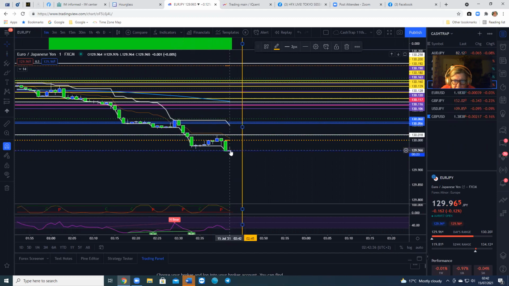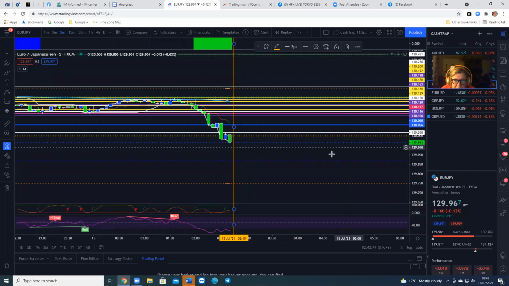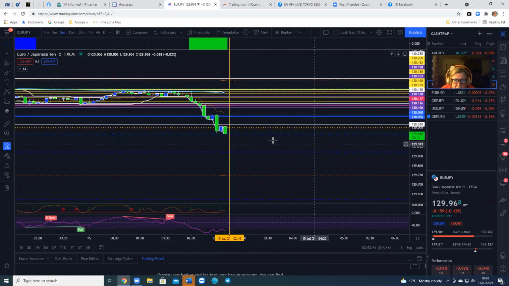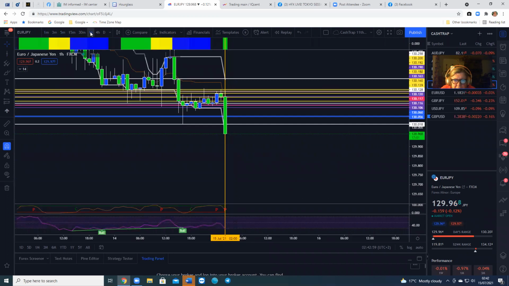You can see it's in its downward descent, but we need to retrace back if we can. Because we want to see it off that level. Where's the hourly? Hourly's right up there.